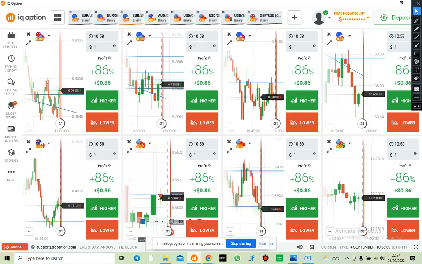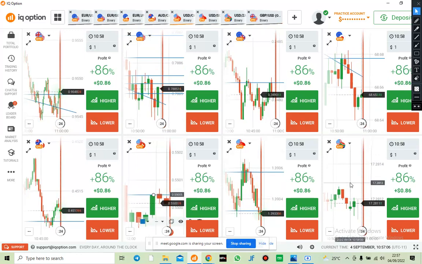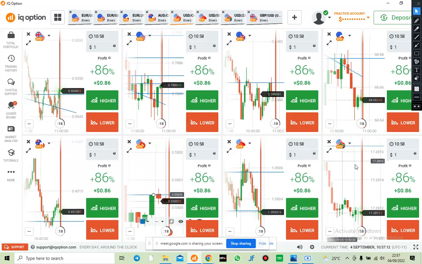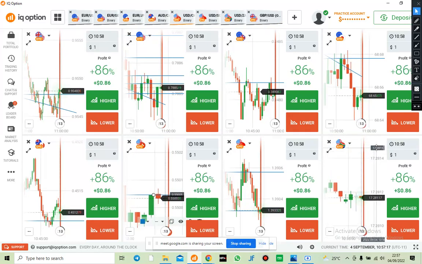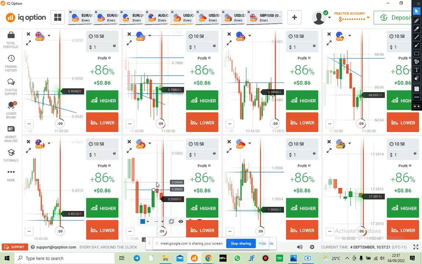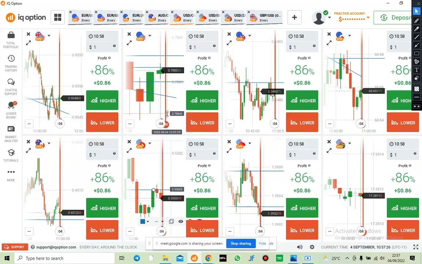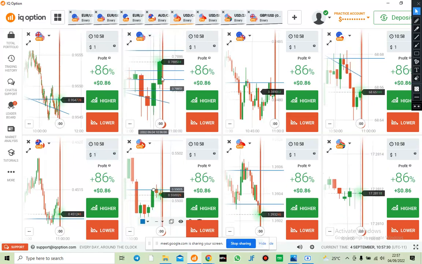Okay, and you can see some reversal here. I think there's no opportunity, but okay, assuming this is a bullish engulfing, I expect the next candle to be green.